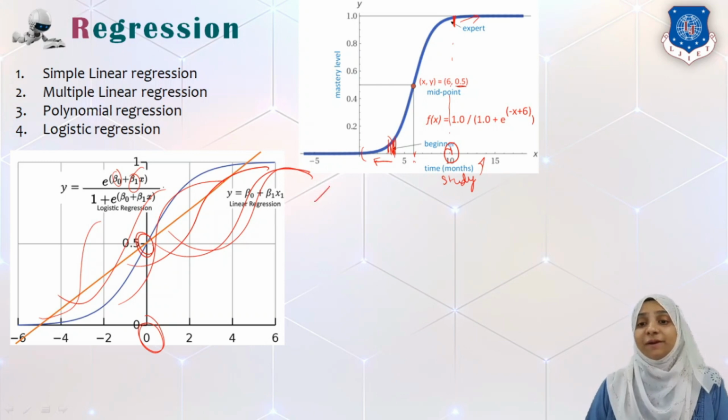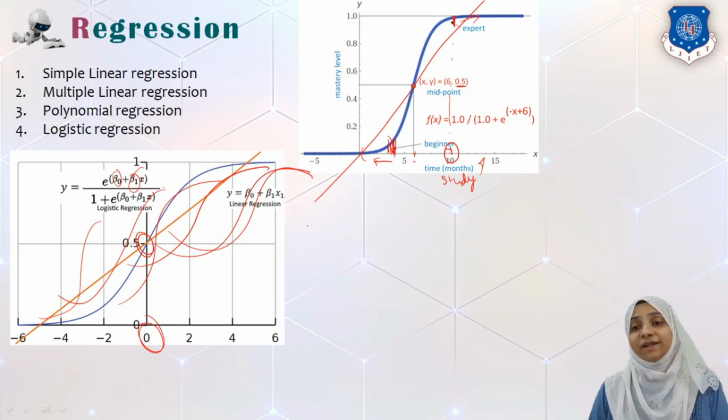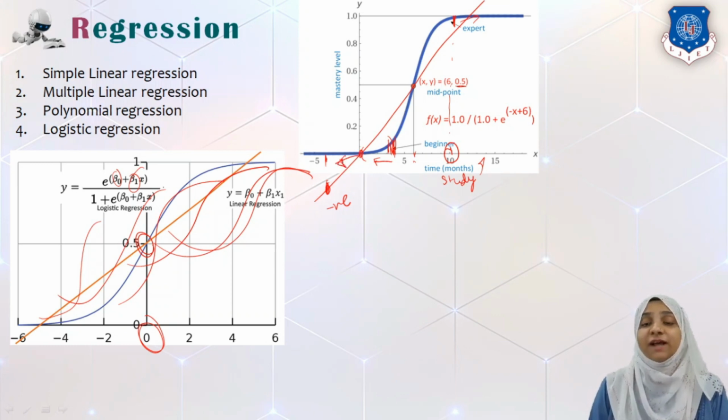What will happen if I fit a straight line in this way? Any person having a value lesser than this particular value will, as you can see, get a negative mastery level, which is not possible in any case. So any person who gives less time, or a lesser value for x, should always get an output of 0 instead of this negative value.